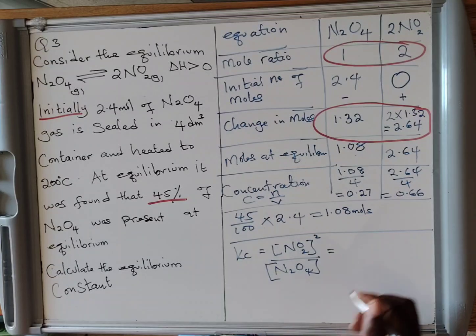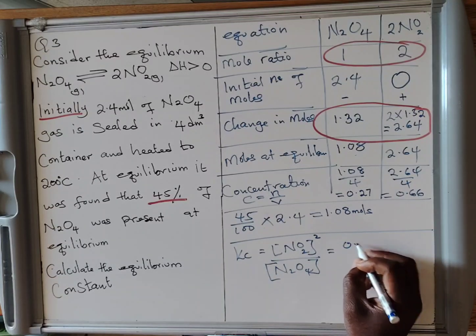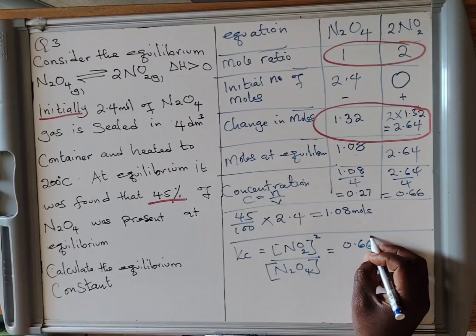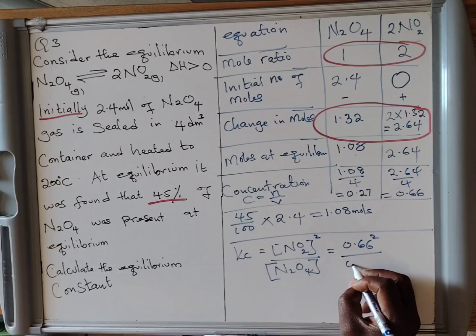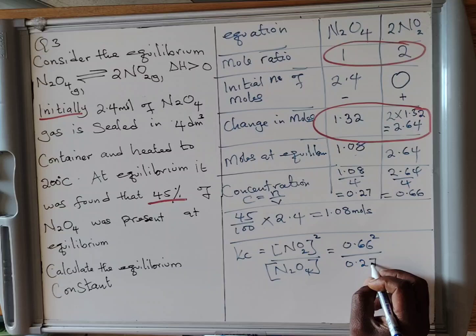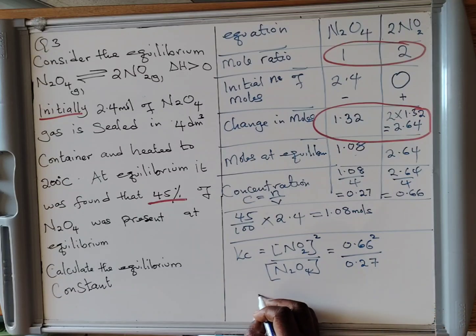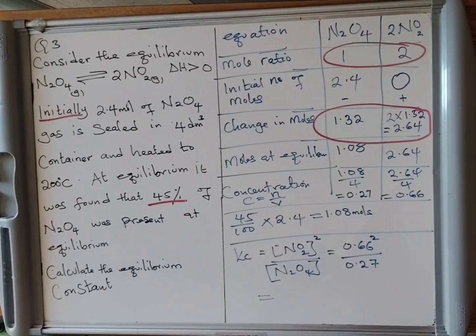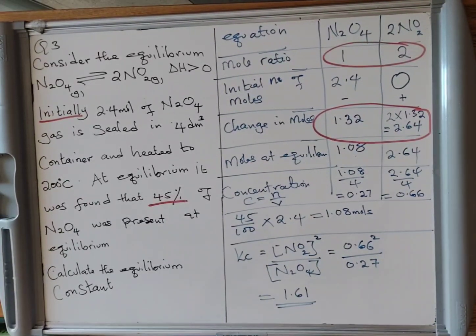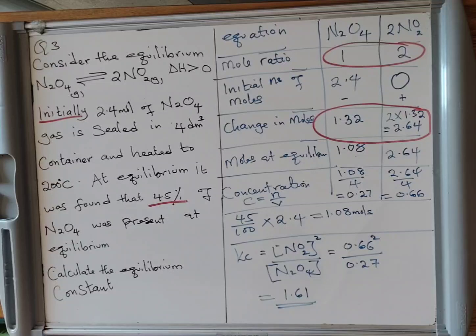What do we get here? It's going to be 0.66 squared over 0.27. What you get from there will be your Kc. Let's do it and find out. After substitution, this is what you get as our Kc: 1.61.